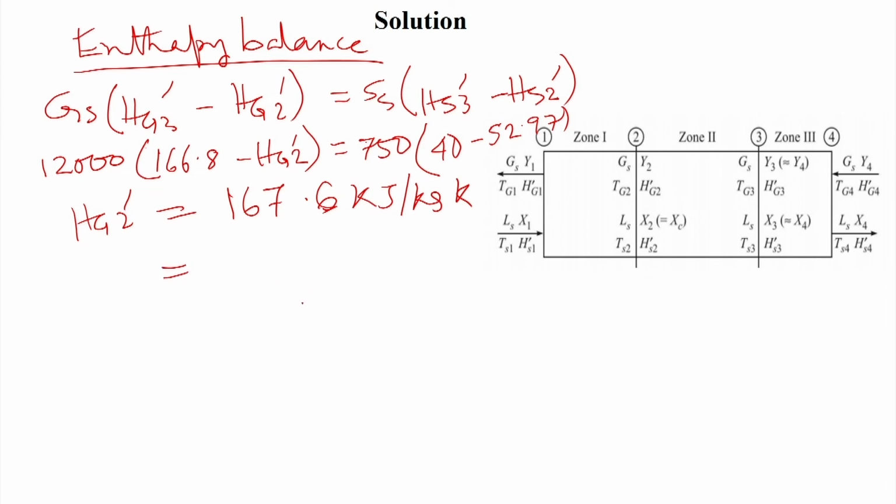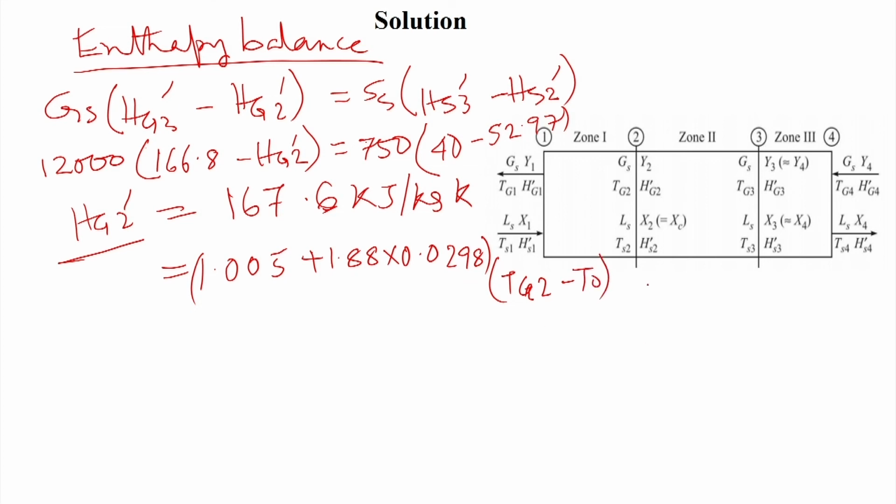Now, just by using the equation in terms of temperature, we will be getting, for gas, 1.005 plus 1.88 into Y2, that is 0.0298, into Tg2, we do not know, Tg2 minus T0, that is 0 degree, plus 2500 into Y2, that is 0.0298.